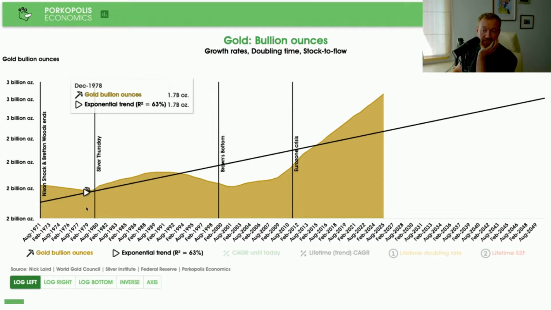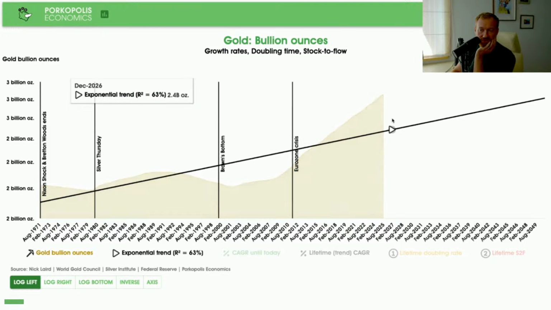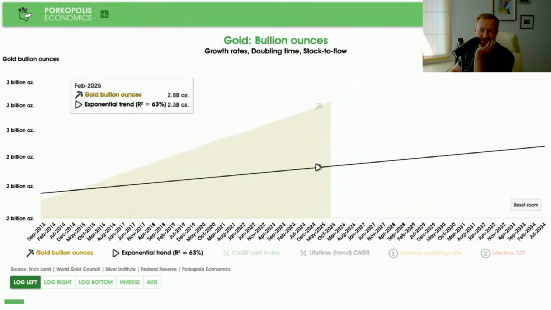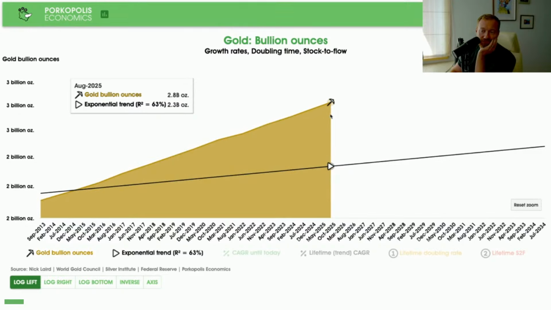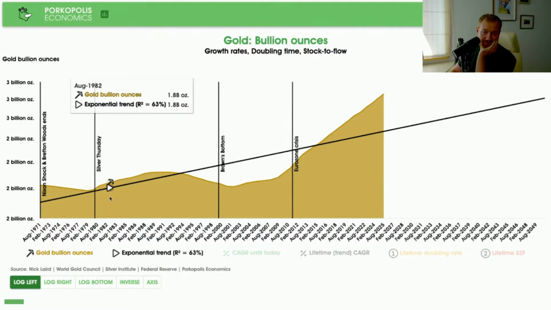In fact, if we run a trend line, it's still exponential. It's the best fitting trend line, 63% R squared. We're way over trend, so the trend doesn't even actually tell us as much as we would like it to. All right, so it's not necessarily helpful over the long term. Right, it does intersect right there.